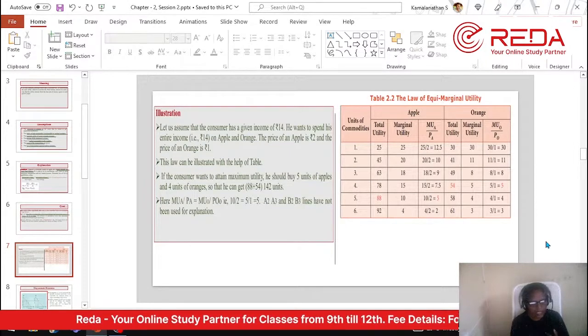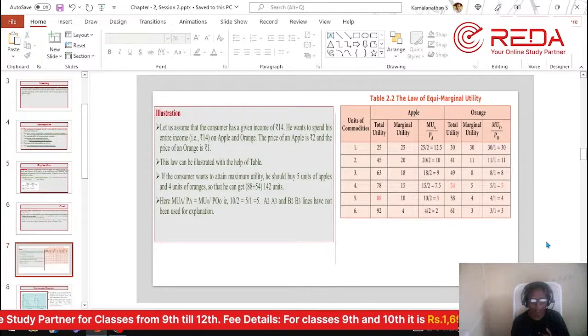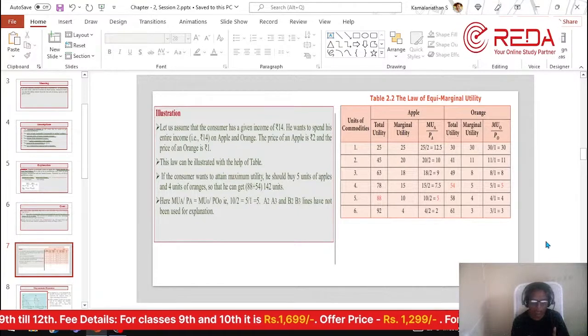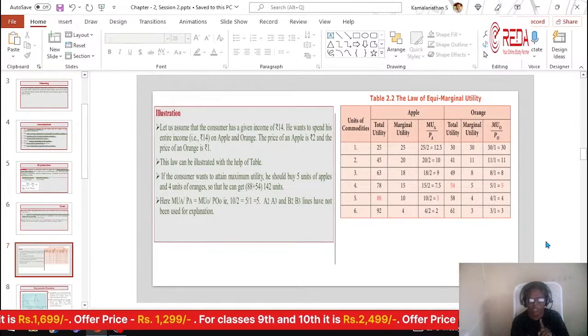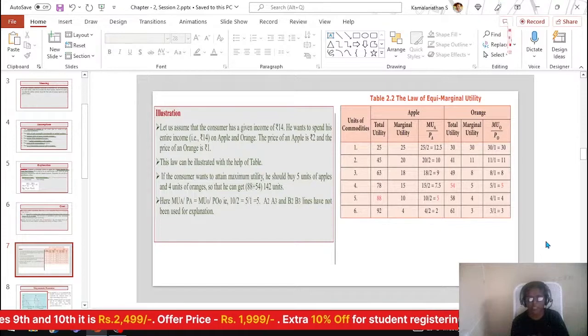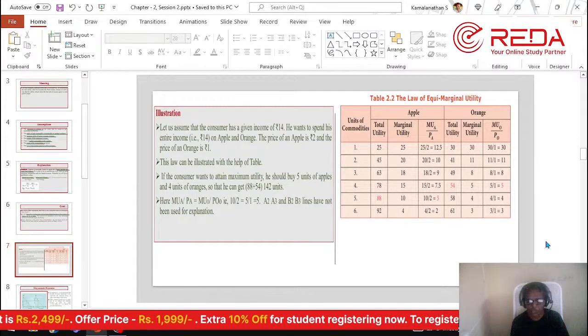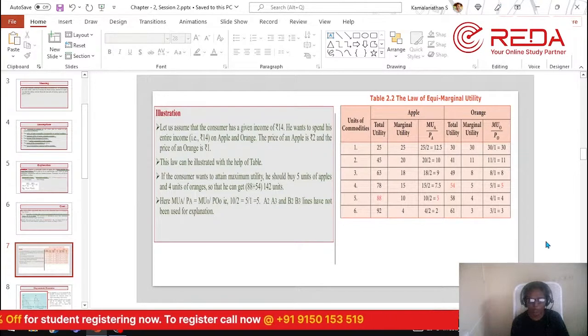So you see in the purchase of 2 units of apple, the total utility is 45. When you consume the first unit of the commodity, the total utility is 25, marginal utility is 25, and the marginal utility per unit of price, when the price is 2, is 25 by 2, which is equal to 12.5.